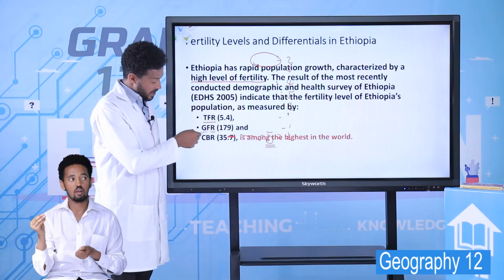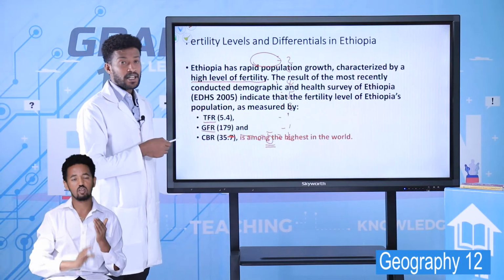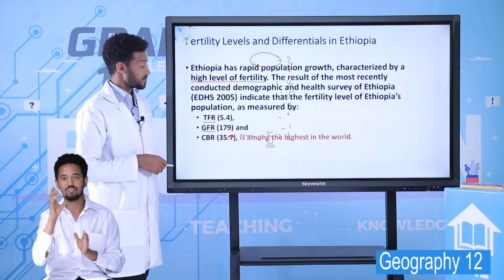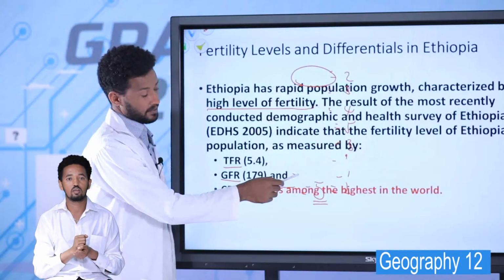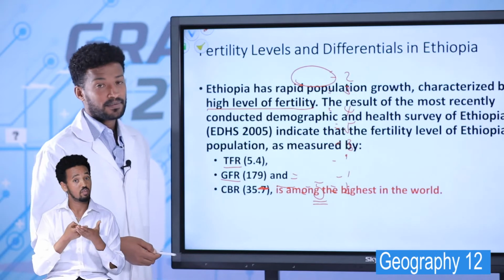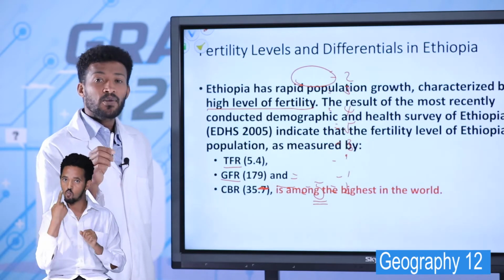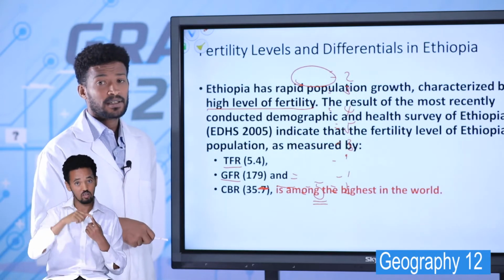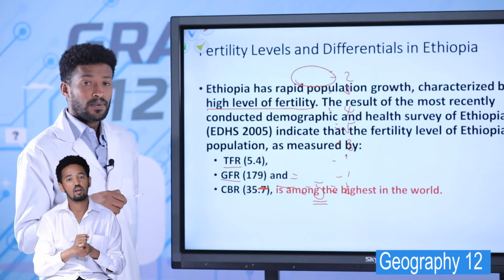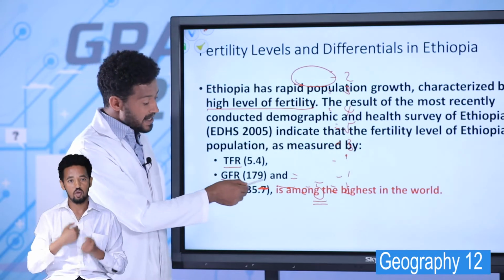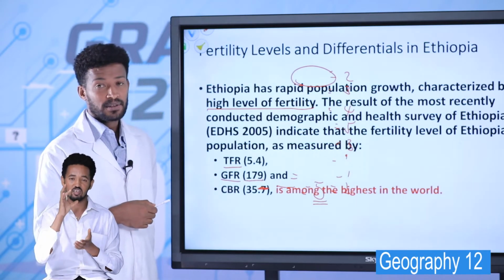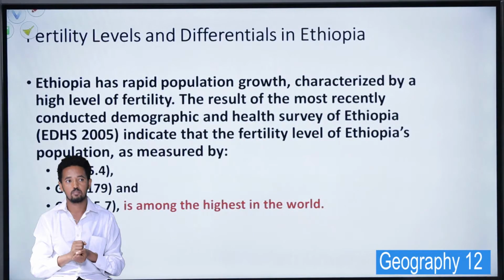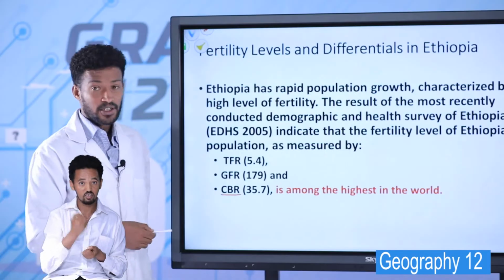And the general fertility rate study shows 179. This means that from 1,000 women aged 15 to 49, we can get 179 births in Ethiopia. Another one is CBR, crude birth rate.